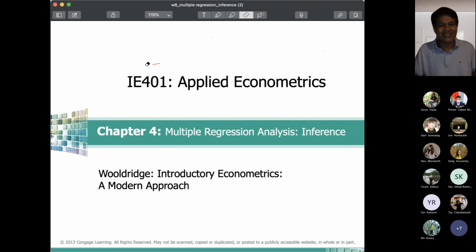But normally, class, we cannot include ability, right? So whatever independent variable you include in your wage equation, there is always an issue of omitted variable bias because you cannot include ability. Sometimes we use IQ. Some experts say IQ. So even though you include IQ, it might not be the real variable of ability.